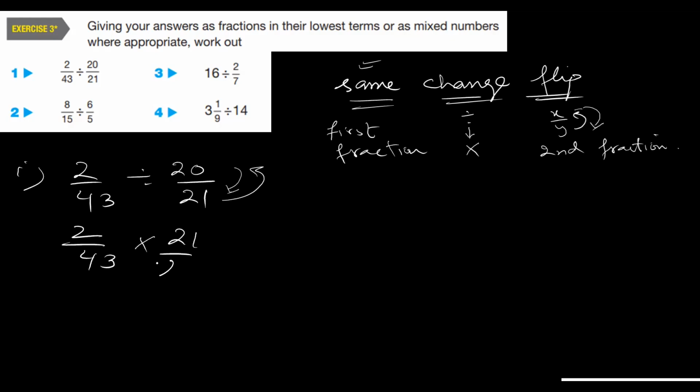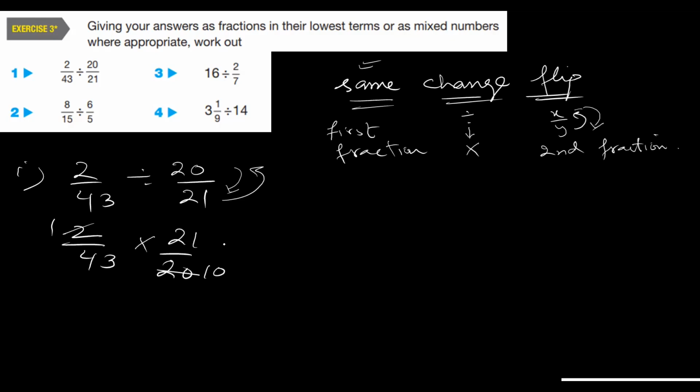Now we shall read the times table of 2. 2 times 1, and we shall divide this 20 by the denominator of the other fraction. So it will be 10. 2 times 10 is 20. Same way, 43 and 21, we check whether they are divisible by any single number or not.